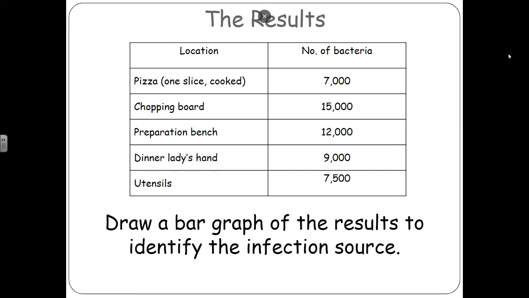So the numbers probably are going to go up in 1,000, so you would need 15 sections. If you have lined paper, you take 15 lines, so 0, 1, 2, 3, 4, 5, 6, 7, 8, up to 15,000. And then across the way you would have pizza, and then an equal space, and then chopping board, space, preparation bench, space, then a lady's hand, space, utensils.